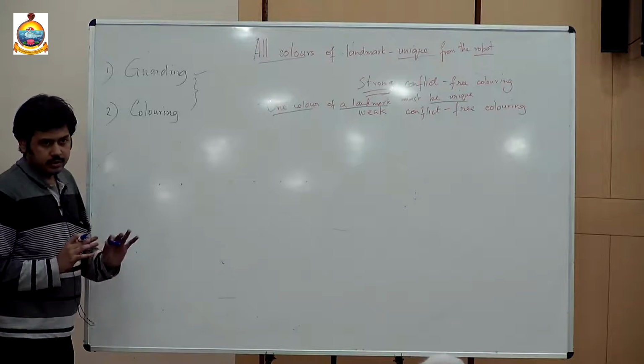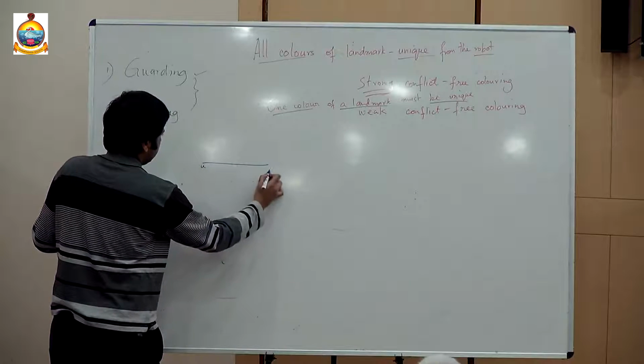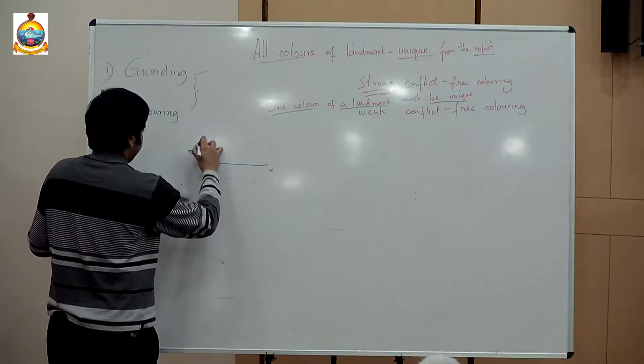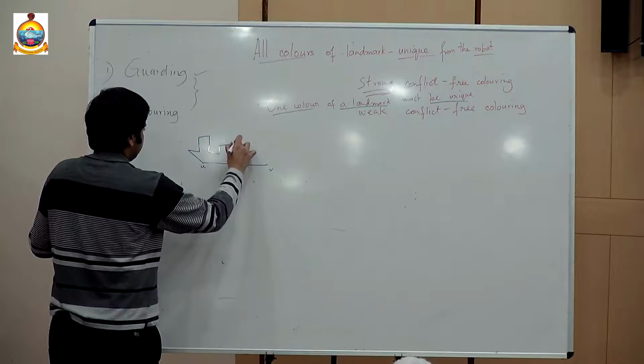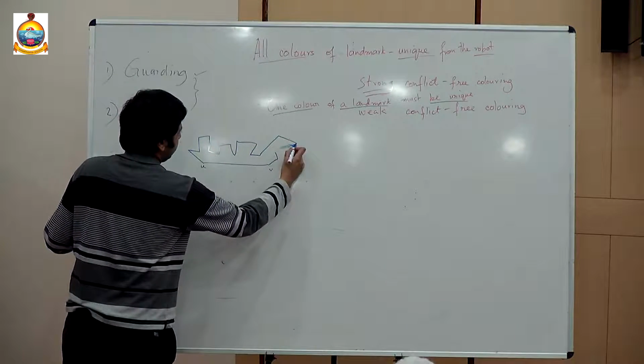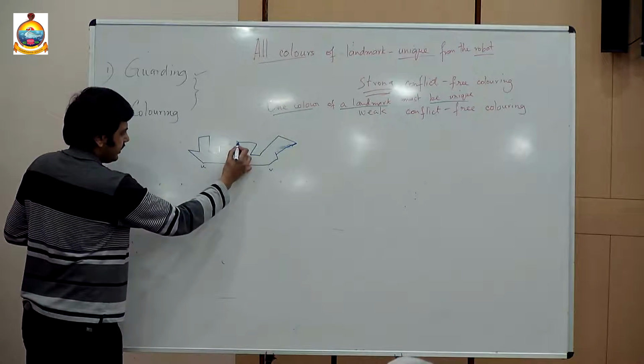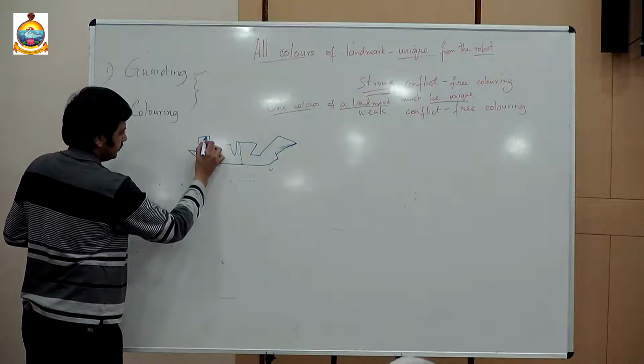Weak visibility polygons, recall, is a polygon that is visible from an edge. Here the whole polygon is visible from UV. Anything here can be seen from some point.